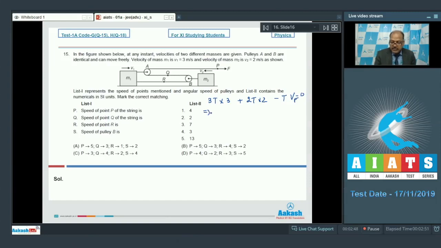This gives us Vp equal to 13 meter per second. So that means P matches with 5.